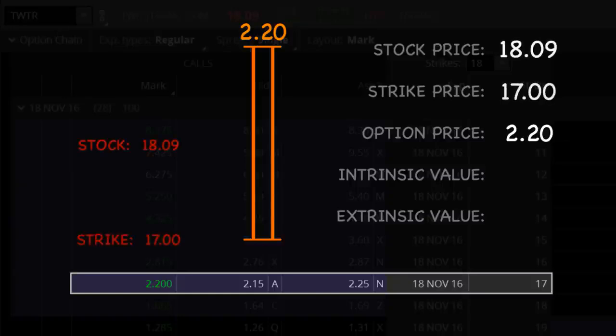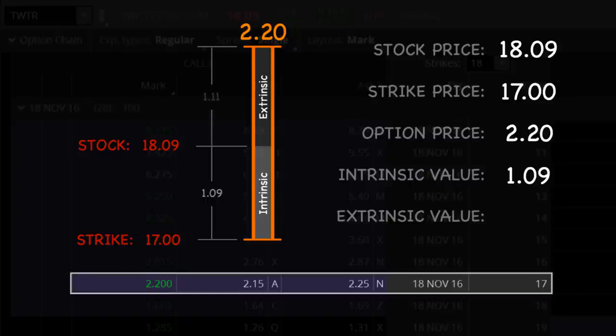So this 17 strike call option is $1.09 in the money. So its intrinsic value is $1.09. And the extrinsic value is just whatever is left over. So in this case, the extrinsic value is $1.11. And remember, at the expiration date, there will be no extrinsic value left on the options. The value of this option at expiration will be whatever its intrinsic value is.